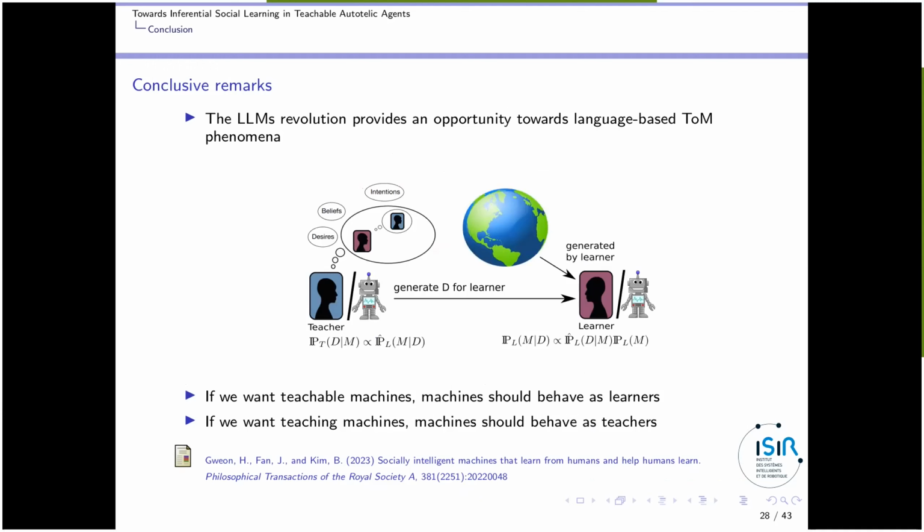So they should be endowed with inferential social learning capabilities. And if we want to have teaching machines, they should also behave as human teachers. So they should be endowed with these inferential social learning capabilities. Otherwise, for the human interacting with the machines, part of the story will be missing. They won't be able to infer as we infer when we interact with each other.